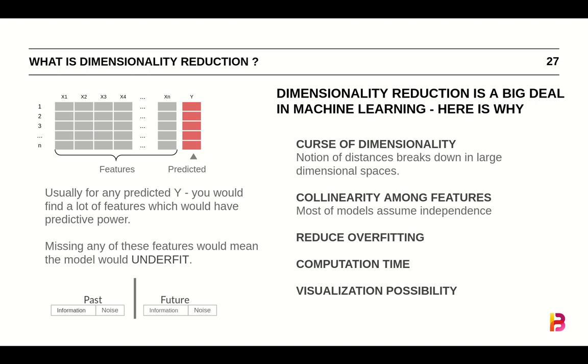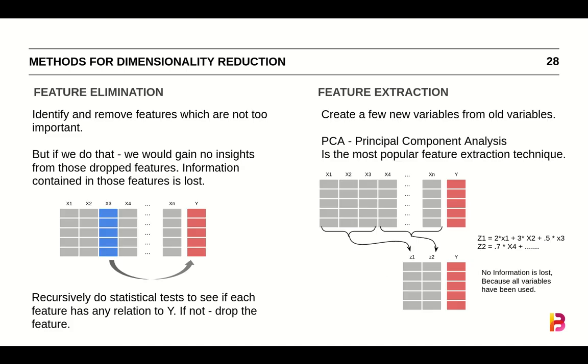Well, let's understand how we reduce these dimensions. There are two major methods of reducing the number of features. The first way, and a very naive way which I would not recommend, is feature elimination. In this method, given n number of features, we try to see if a feature has any effect or predictive power on what we are trying to predict.